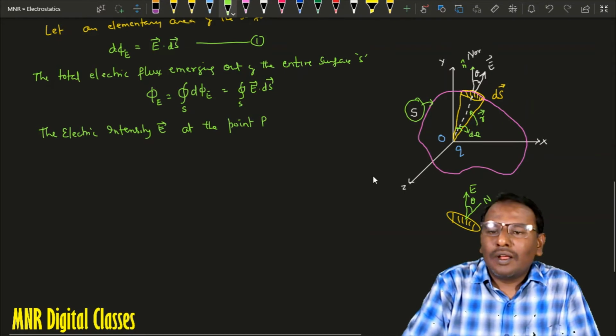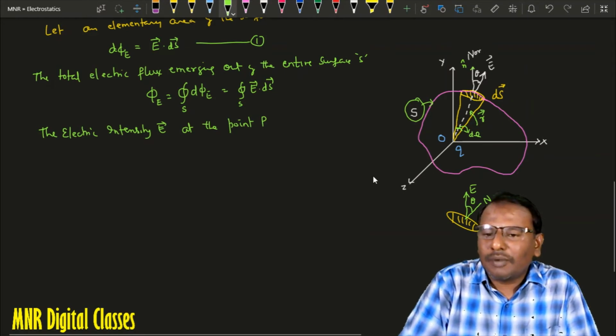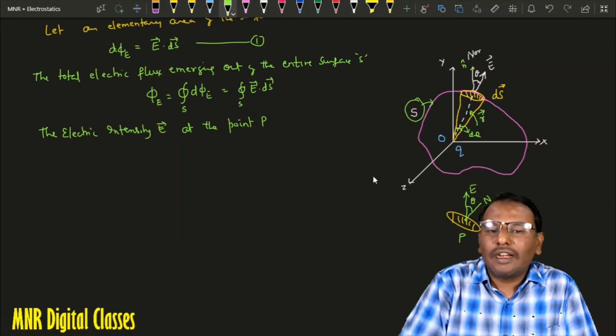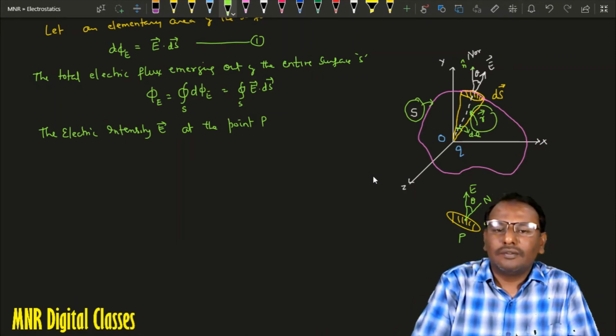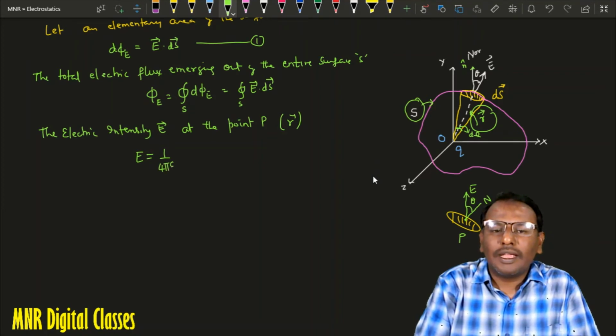Now, if you consider this as the point P, then the electric intensity at the point P having the position vector r bar, is given by E is equal to 1 divided by 4 pi epsilon naught q by r square.